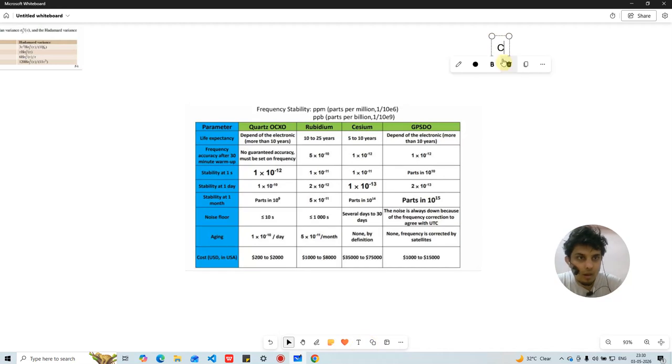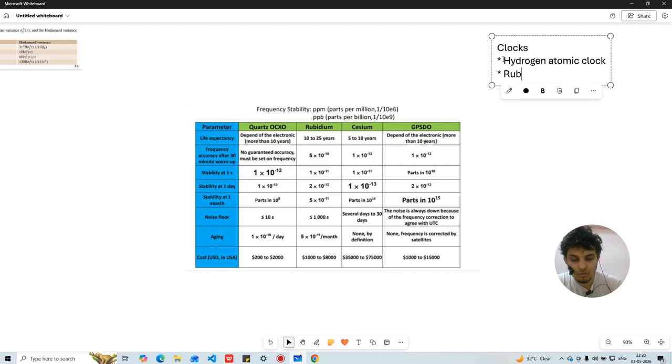Clocks. Rubidium clocks. Cesium clocks. And GPS rubidium.